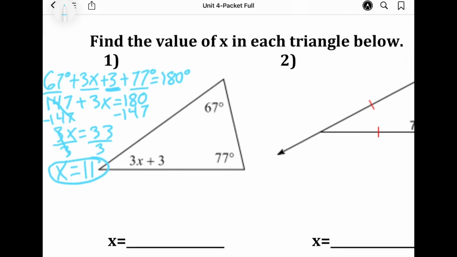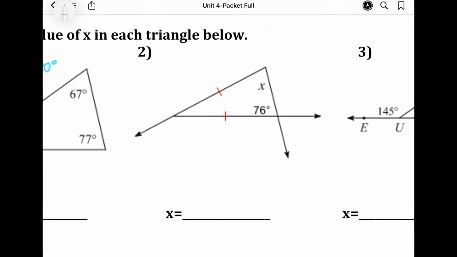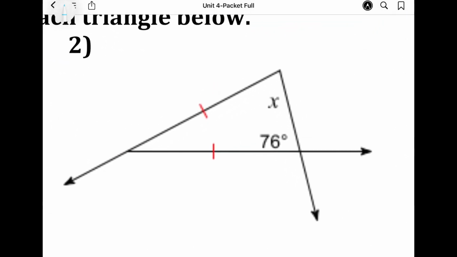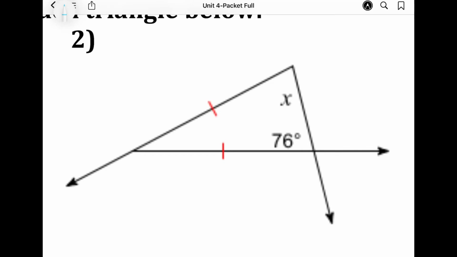Now, number 2, test your knowledge of the fact that these 2 lines are congruent. If these 2 lines are congruent, whatever angle they create in between the 2 lines is going to be something, but the other 2 angles are going to be congruent.